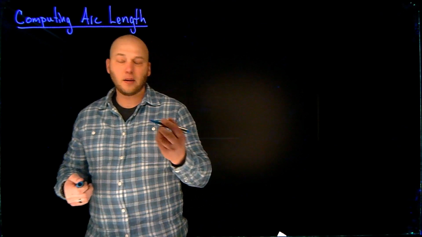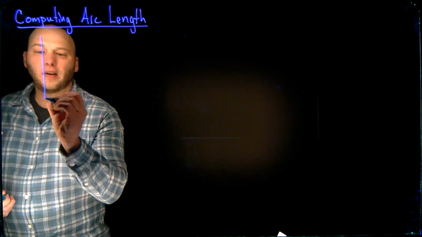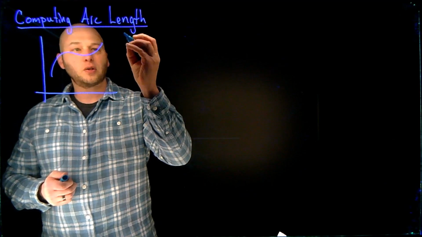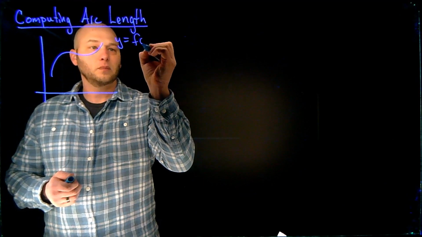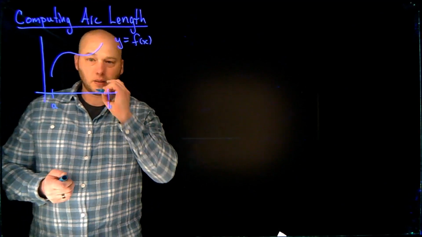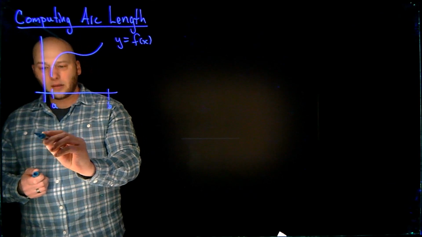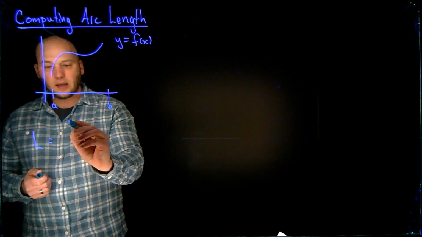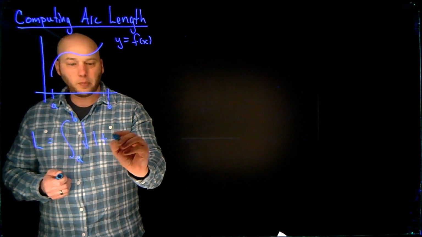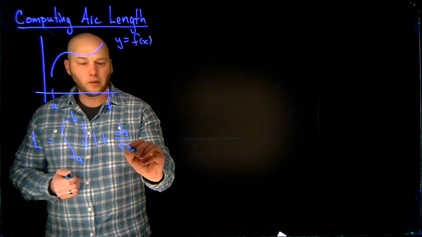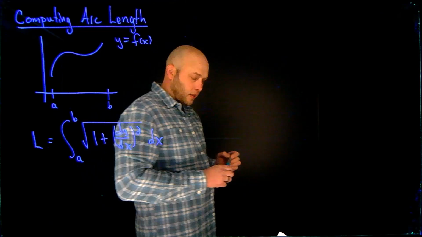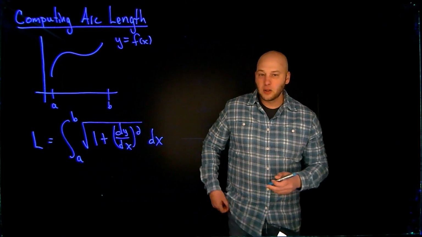Just as a reminder, if I have the graph of a function y equals f of x, and I'm looking at the length on the interval from a to b, then the arc length L is given by the integral from a to b, square root of 1 plus the square of the derivative dx.